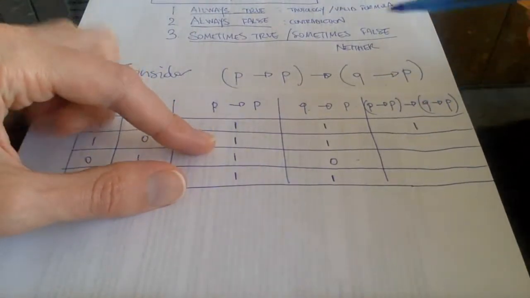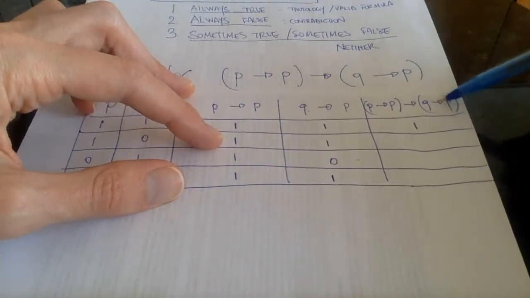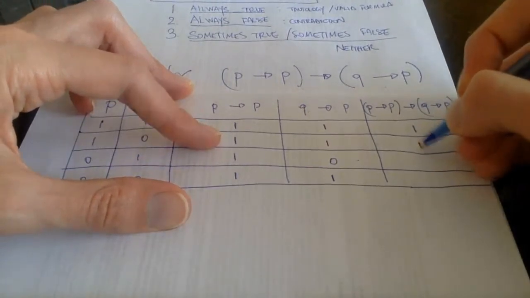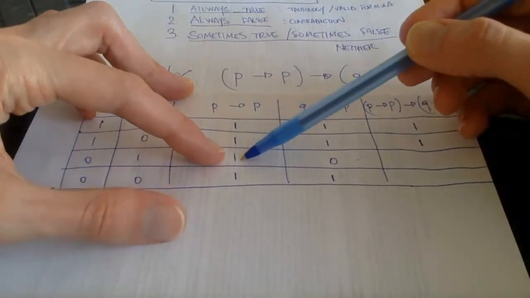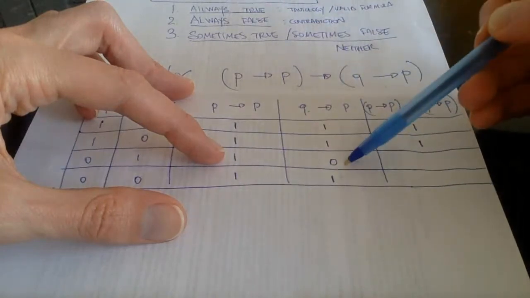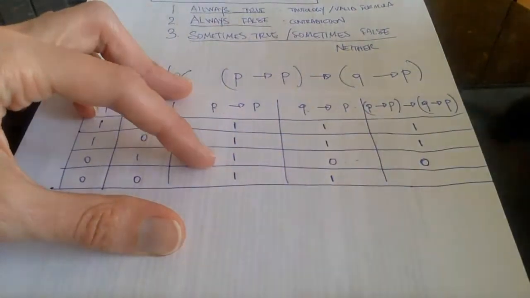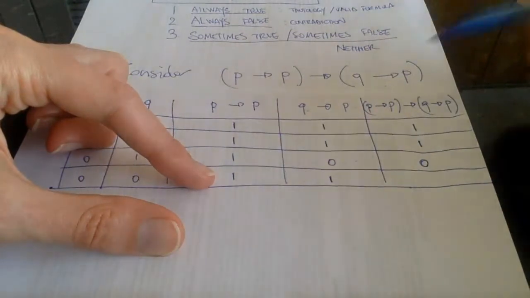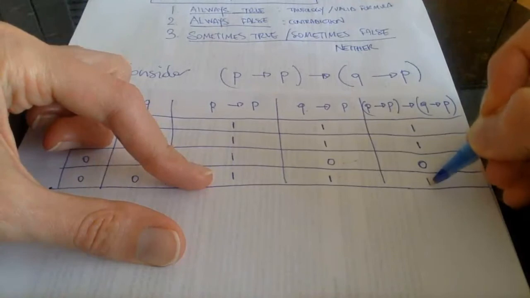Next line, we have that P implies P has value 1, Q implies P has value 1, and so the whole formula has value 1. Now here we have that P implies P has value 1, and that Q implies P has value 0, so this whole formula has value 0. And then finally we have that P implies P has value 1, and that Q implies P has value 1, so the whole formula has value 1.